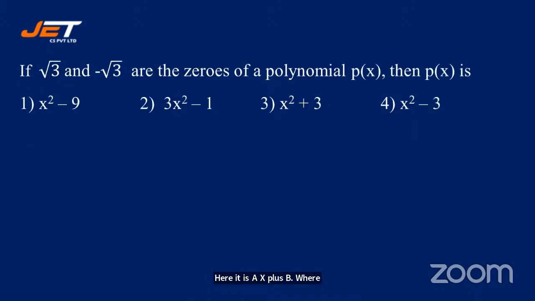All right, students? With this, we are moving on to the next question. If root 3 and minus root 3 are the zeros of a polynomial p of x, then what is p of x? Quickly think over it and give me your answers. I'm just waiting for your answers.